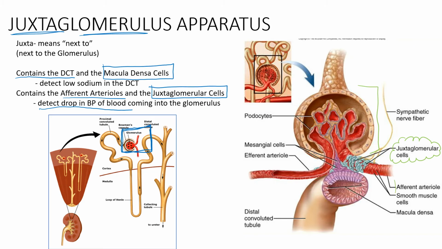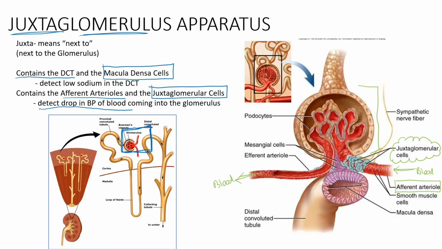And look at what they're associated with, that afferent arteriole. So we have blood coming into this area, into that afferent arteriole. So again, when pressure is low, as blood comes in, it's going to be picked up by those juxtaglomerular cells. That blood is going to enter the glomerulus and then exit through the efferent arteriole.